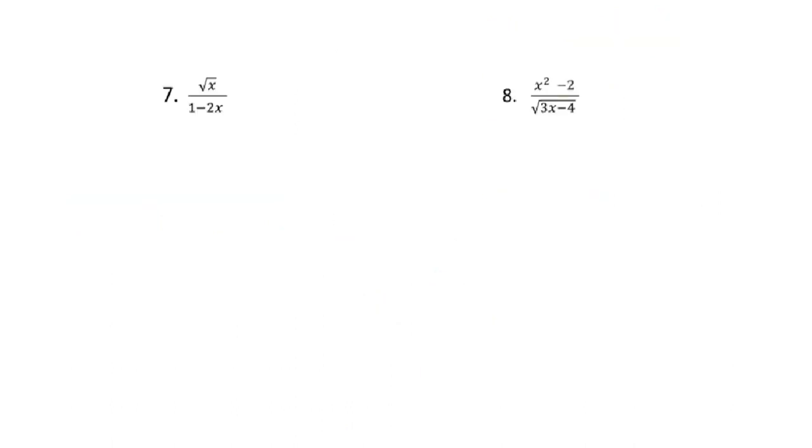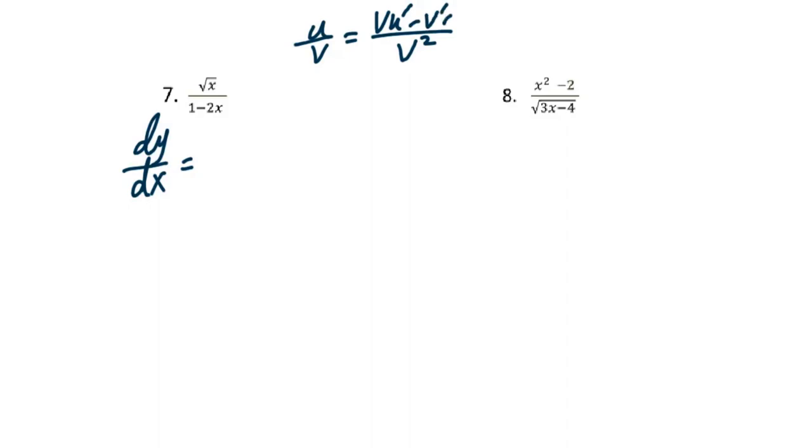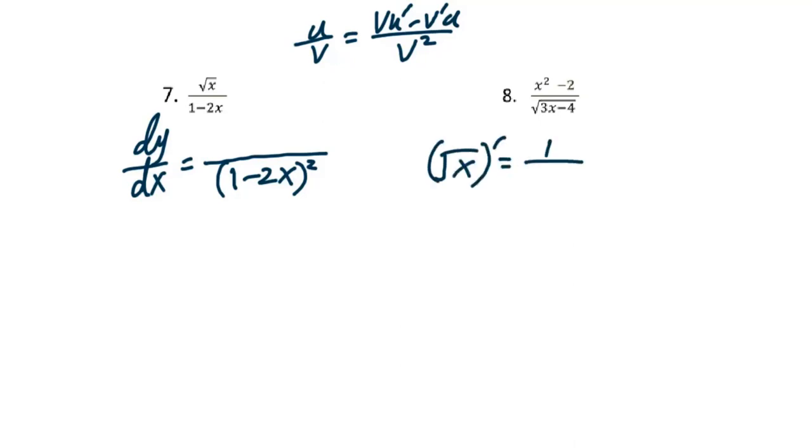Now let's go to number 8. dy by dx. Remember, here's the rule: v squared, then v u prime minus v prime u. So you will get 1 minus 2x squared. The derivative for square root of x will be 1 over 2 square root of x.